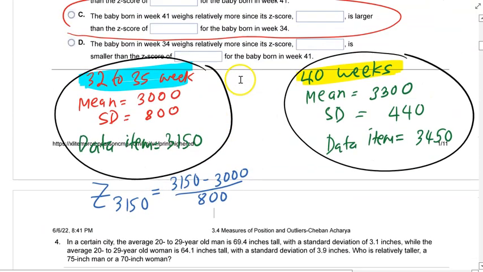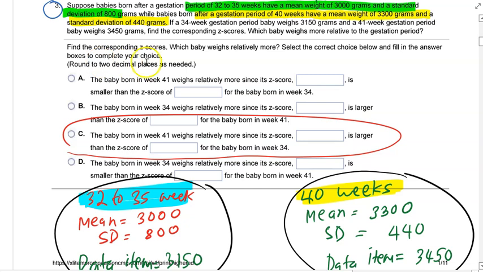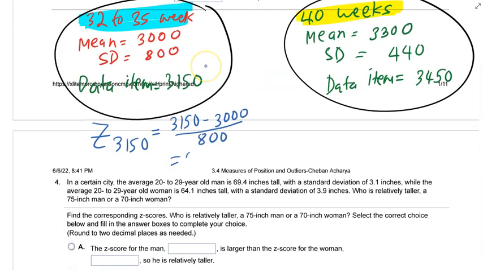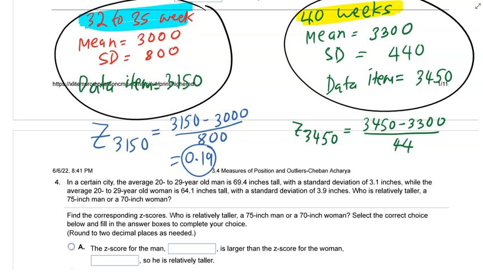If you divide and round to 2 decimal places as the instruction says, you get 0.19. Similarly, you've got to find the z-score of 3450. The data item is 3450 minus 3300 divided by the standard deviation 450, and when you divide this difference by 450, you get 0.34.